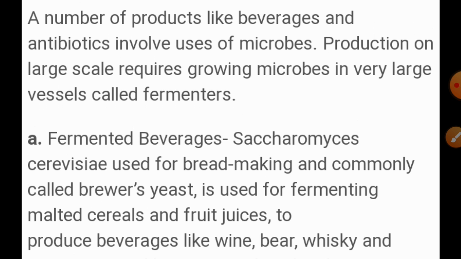So we can say it acts like a beverage producer, and these beverages can be developed with the help of Saccharomyces cerevisiae under specific conditions.